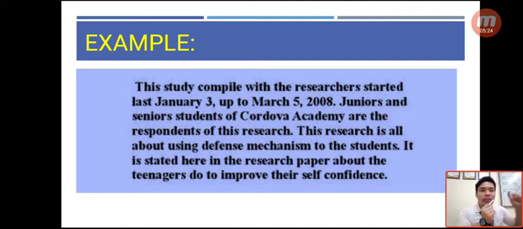So nandun yung pinaka-aim, nandun yung nakalagay kung ano nga ba yung purpose ng inyong research. Then, it is stated here that the research paper is about the teenagers to improve their self-confidence. So, hindi lang information or data lamang na ilalagay nyo doon, kundi nandun din yung purpose.